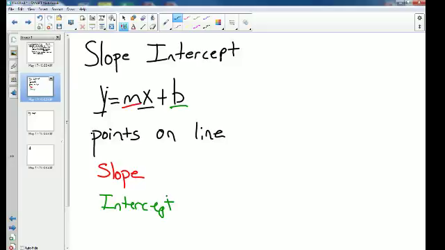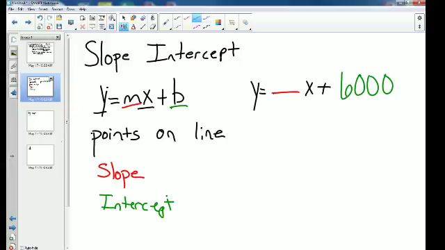So we'll write this. We have y is equal to your slope times x plus our initial expenses, which is b. So that'll be 6,000.